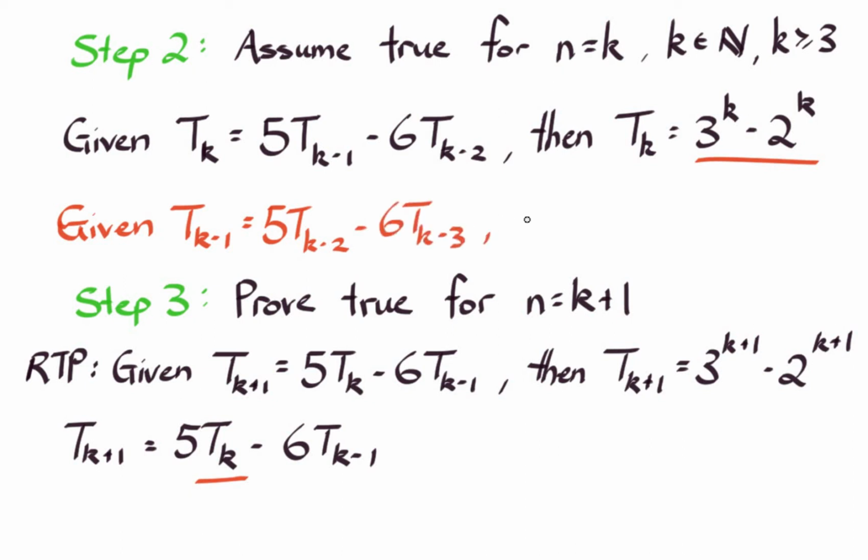And if that's true, then we can say t k minus 1 is also equal to 3 to the power of k minus 1 minus 2 to the power of k minus 1. And this is how we can now use step 2 completely to work on step 3.